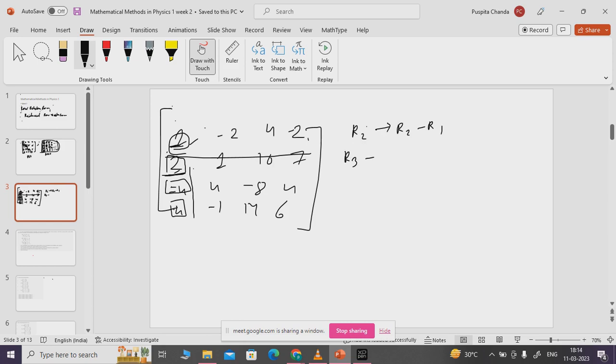R3 first entry is minus 4, so minus 4 plus 4 will be 0. So R3 needs to be R3 plus 2 into R1. Similarly, R4 needs to be R4 minus 2 into R1.